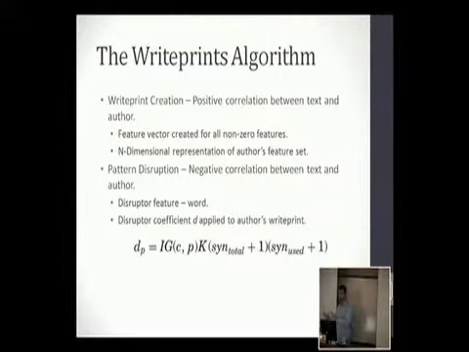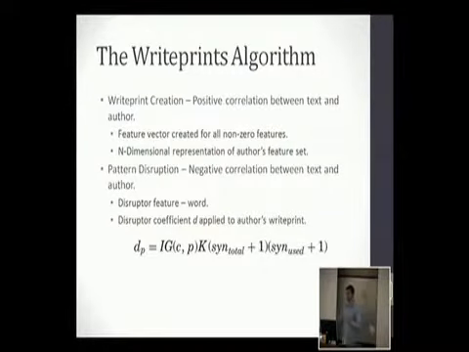What the pattern disruption is, in this case, I know they want to expand it, but in the method that they created, they're just using individual words as pattern disruptors. If a word appears in an unknown document that is not in any of the training text for that author, that's a disruptor feature, because that feature was not present in the individual author feature set.